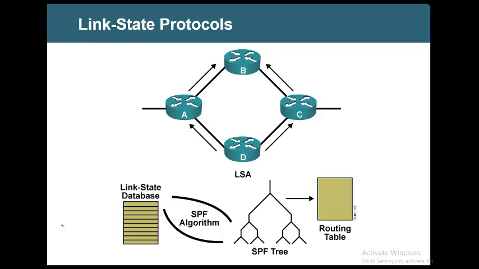In EIGRP, even though we see a topology table with show ip eigrp topology, it's not a complete topology table all the time. Maybe in a small network, it may look like you have all the information in the topology table. But in a large network, the topology table will not be a complete topology table.